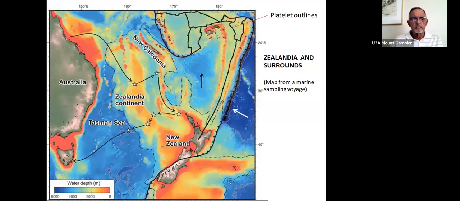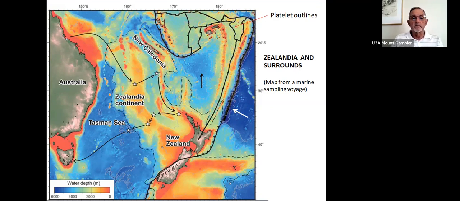So that's an example of the stretched crust where some 80 million years ago, the subduction zone effectively would have been offshore Australia, not far distant from the coastline as we know it today.